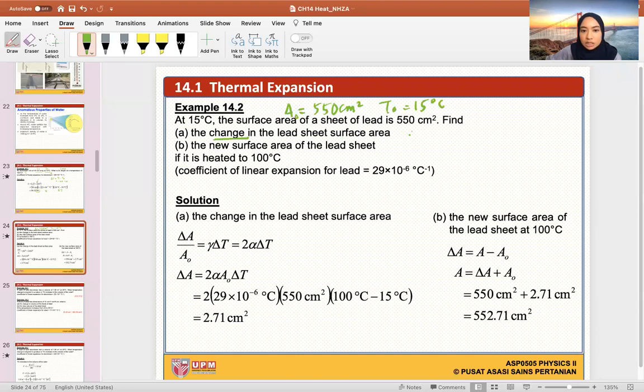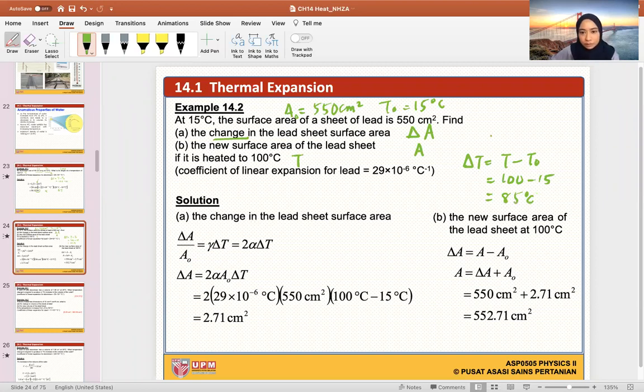Change is this guy, delta A. B, the new surface area of the lead sheet, so it's asking you about A. If it is heated to 100 degrees Celsius, so this is your T. Your delta T is T minus T naught, so this is 100 minus 15, which is 85 degrees Celsius.